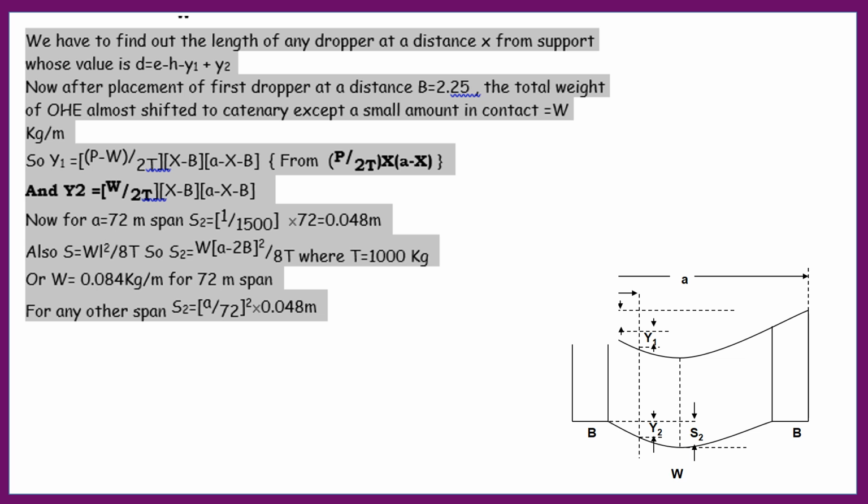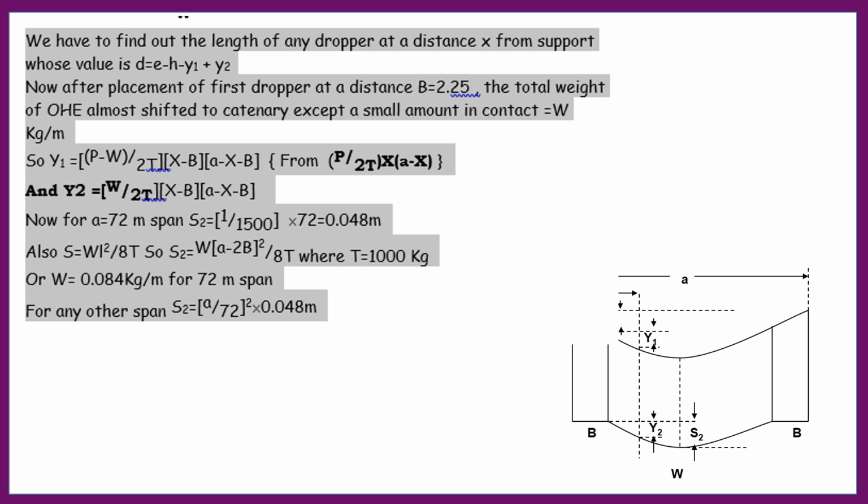L means now the span after the first dropper. What is the span after the first dropper? On both sides B is reduced, so 2B has reduced from the span A. The span is now A minus 2B.